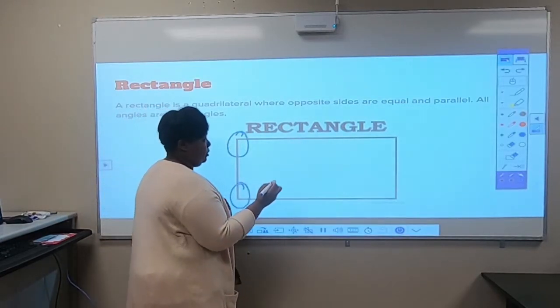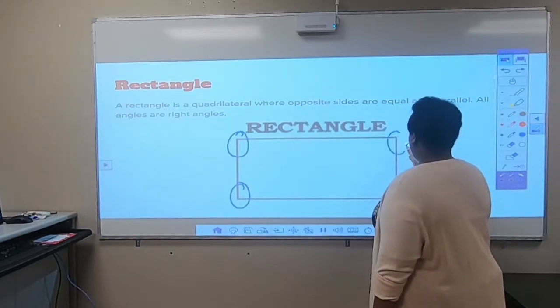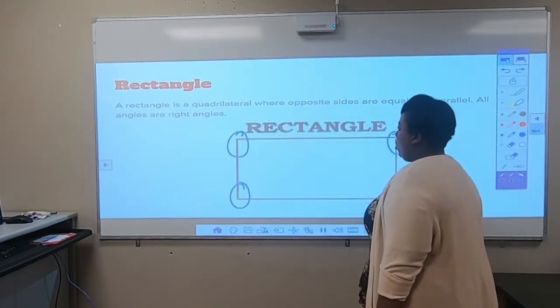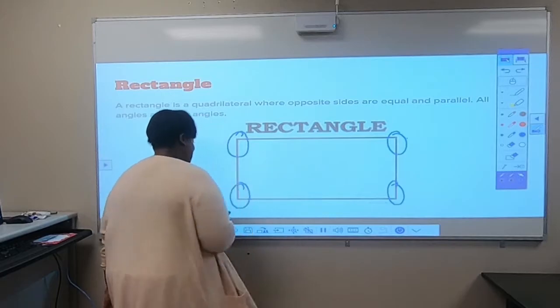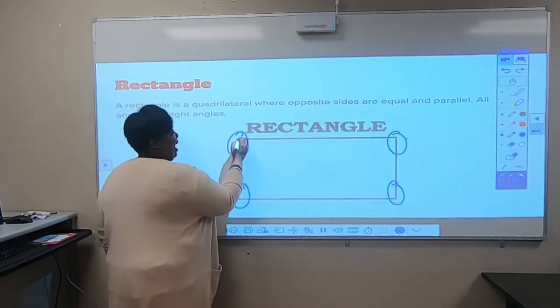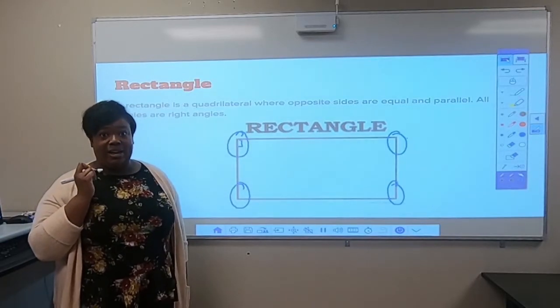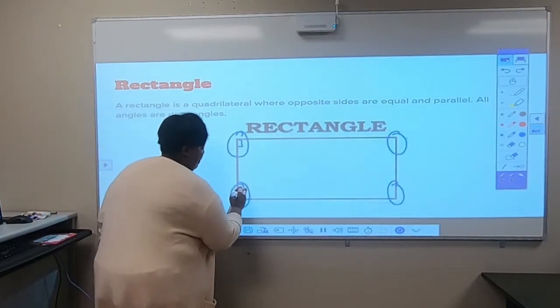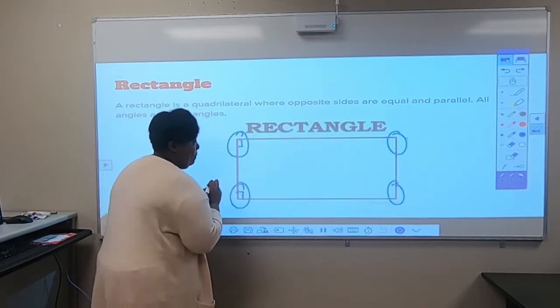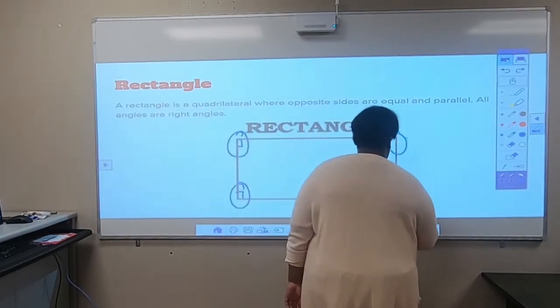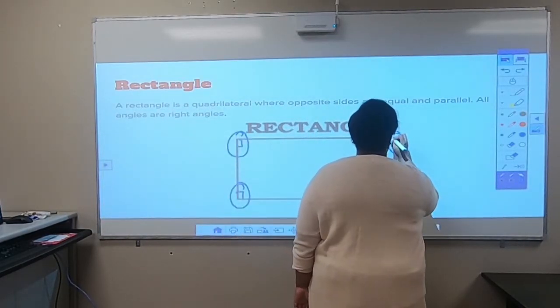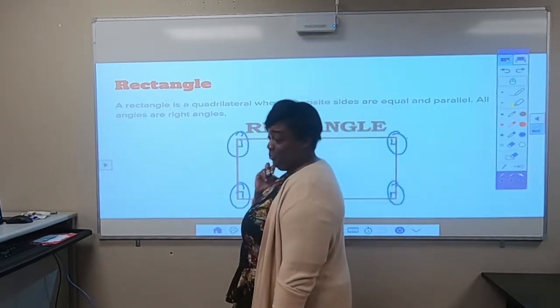It has 4 angles, okay? When you look at these angles, you guys, they have what we call square angles. Whenever you have an angle that can make a perfect square, it's called a right angle, okay?